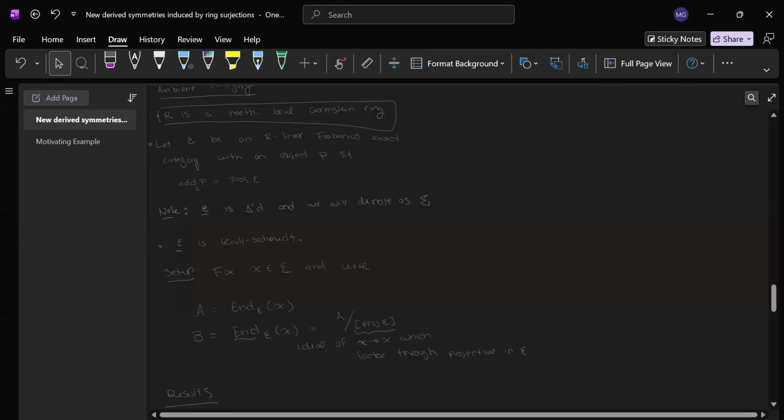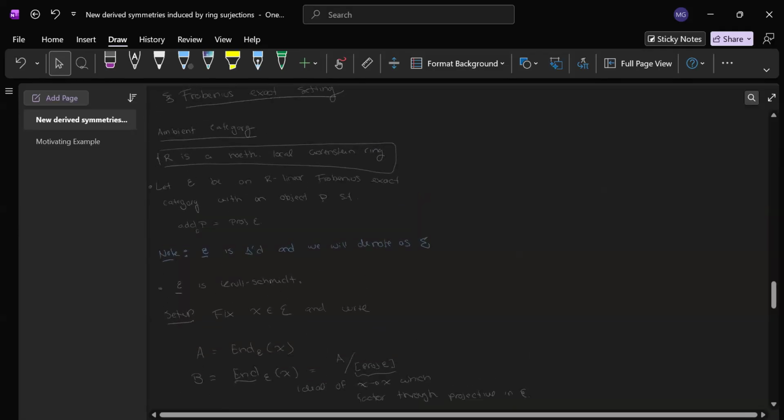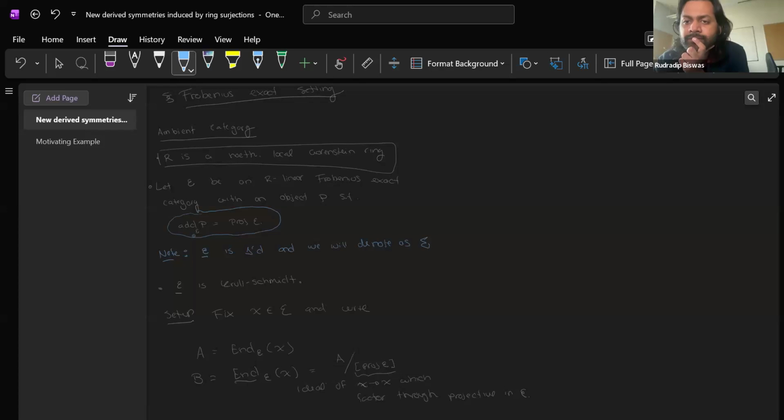I think one of the key assumptions is this one here, which is telling you that you have finitely many indecomposable projectives. You're assuming that there's some object P in your category E such that add of this P gives the projectives. Oh, I see. And this assumption is essentially assuming finitely many indecomposable projectives.